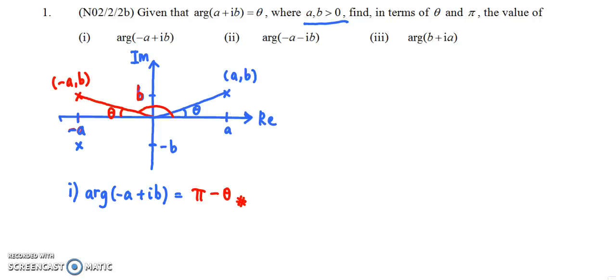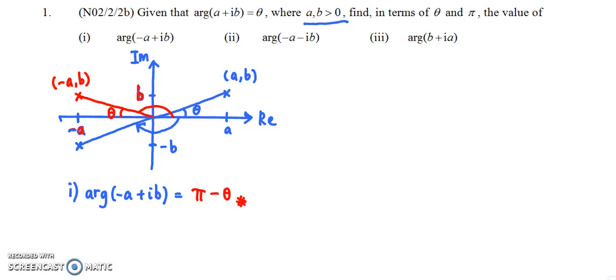So, should we want to find the argument of this complex number, it is clear to us now that we will have to make a clockwise rotation from our positive real axis, and this particular angle is of the same magnitude as the angle that you have found in part 1.